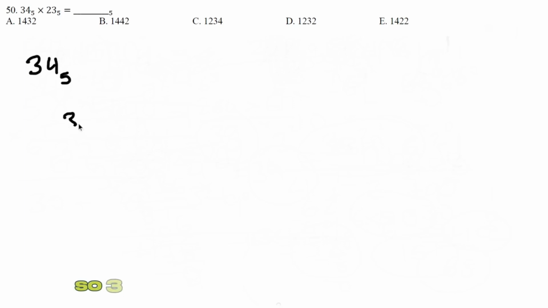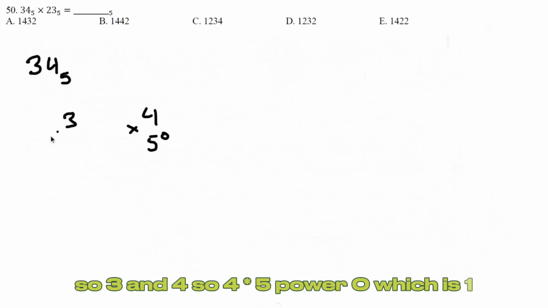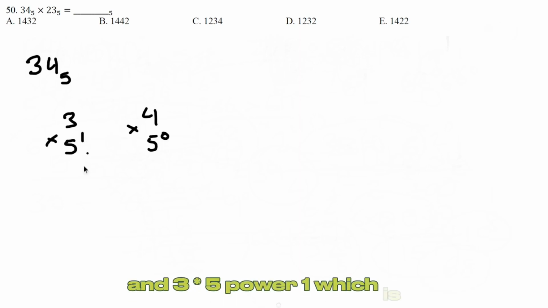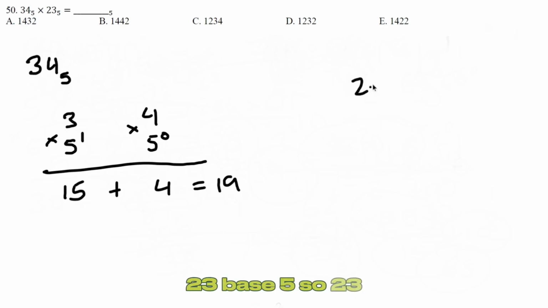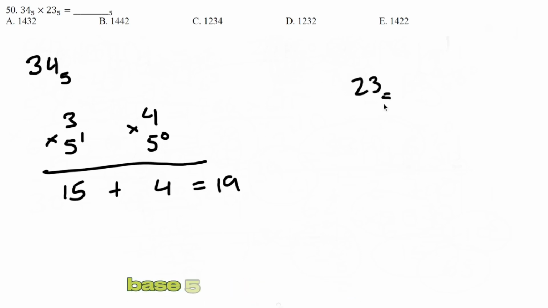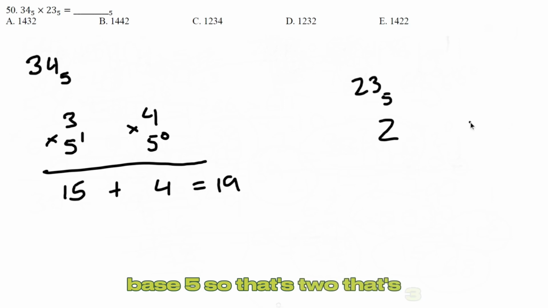So, 34 base 5. So, 3 and 4. 4 times 5 power 0, which is 1. And 3 times 5 power 1, which is 5. So that's 4 plus 3 times 5, which is 15. So that's 19. Next, 23 base 5. That's 2 and a 3.